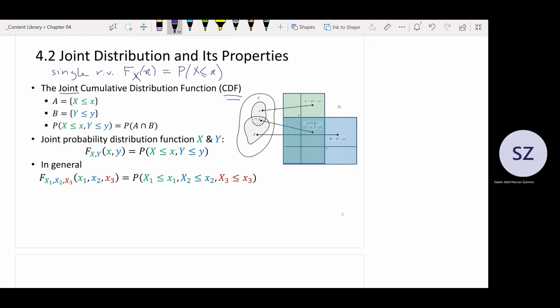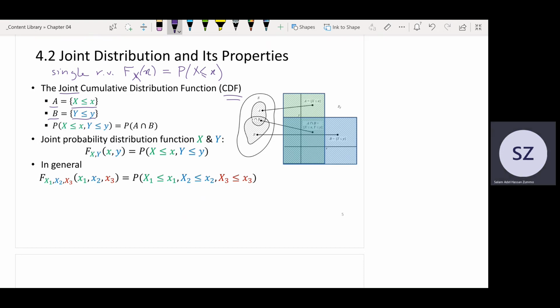Right? And when you have two random variables, we can define the event A on X such that X is less than or equal to a specific number, and B is another event on Y, where the event B is Y less than or equal to a specific number.